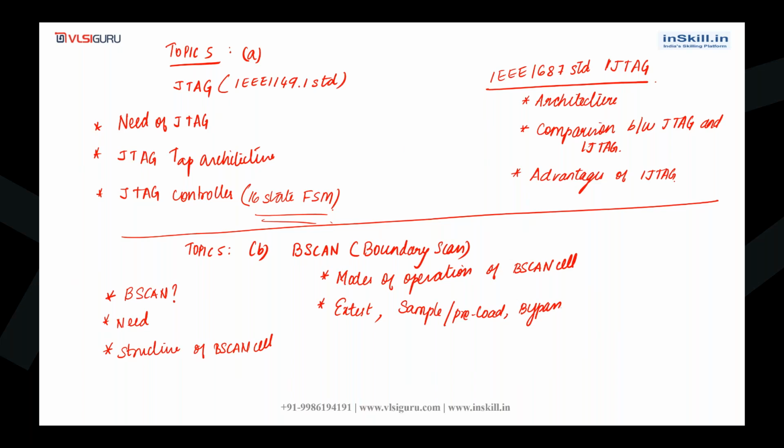So these are all the topics we'll be covering under boundary scan. What is boundary scan? What is the need of boundary scan? What is the structure of the boundary scan cell? Modes of operation of the boundary scan cell. What is the XTEST instruction? What is the SAMPLE/PRELOAD instruction? What is the BYPASS instruction? All these things we will try to understand when we do the boundary scan topic.